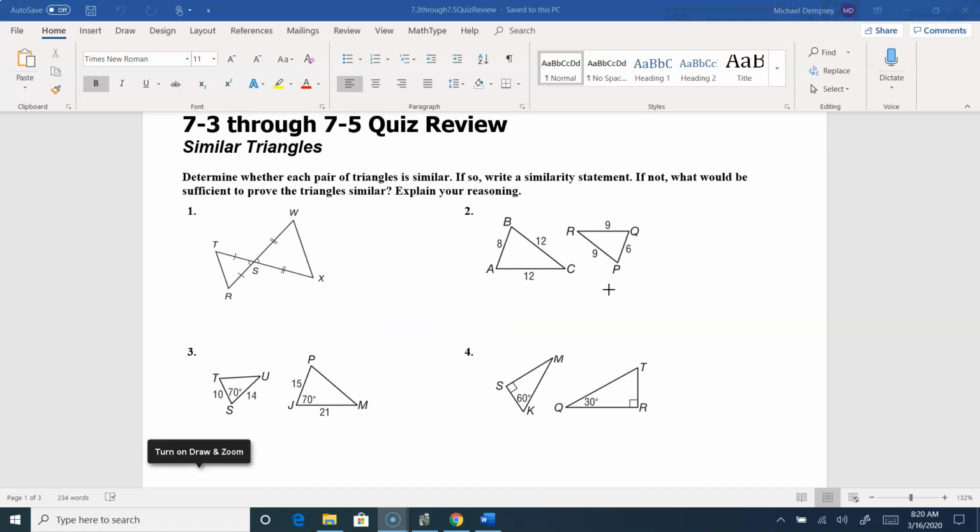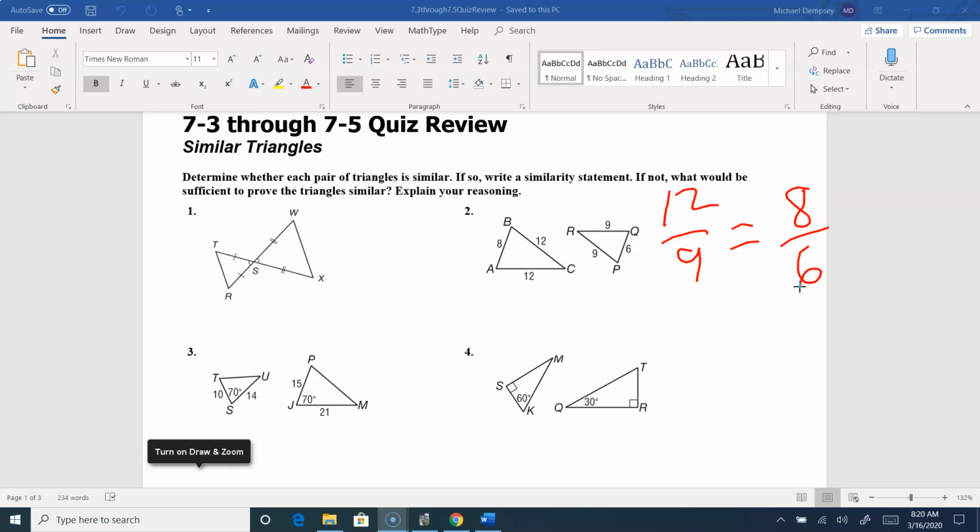Okay, so in the next one, I don't have any angles at all. So what I'm going to need here possibly would be side side side. So what I need in this case is the same proportion to be true from one triangle to the next. So it's isosceles again, my bigger sides here are 12, and my bigger sides here are 9. And then my shorter side here is 8, shorter side here is 6. So what I need is for that 12:9 ratio to be equal to 8:6.